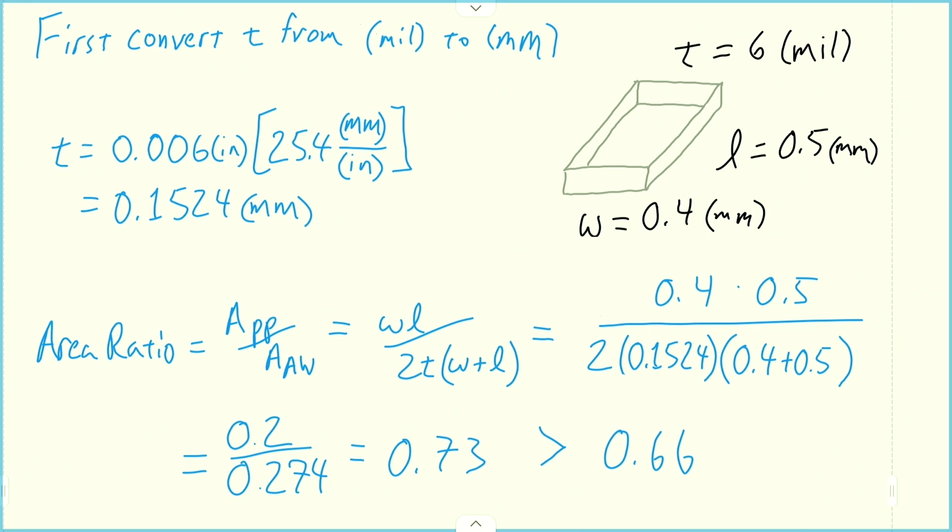First, we need to convert the thickness T from mils to millimeters, so that the units used in the area ratio are all the same.